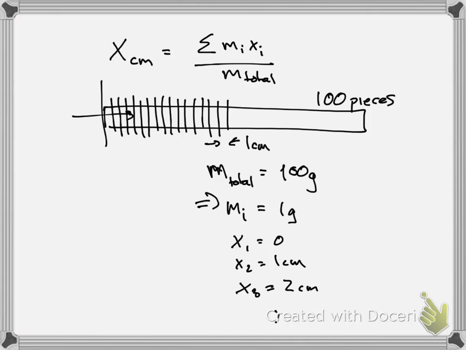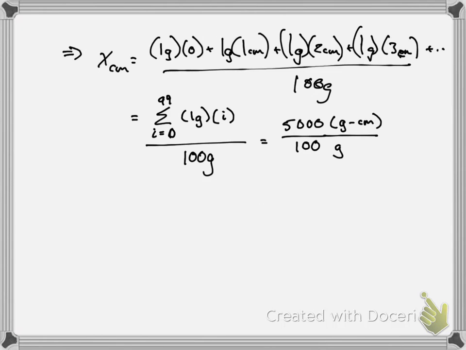So x center of mass is the sum. Notice that I'm starting the first piece at 0 centimeters, so the pieces go from 0 through 99. We take the first piece's mass times its position, plus the second piece's mass times its position, and so on, up to 99, because the first piece is number 0 and the last one is number 99. There are 100 pieces.